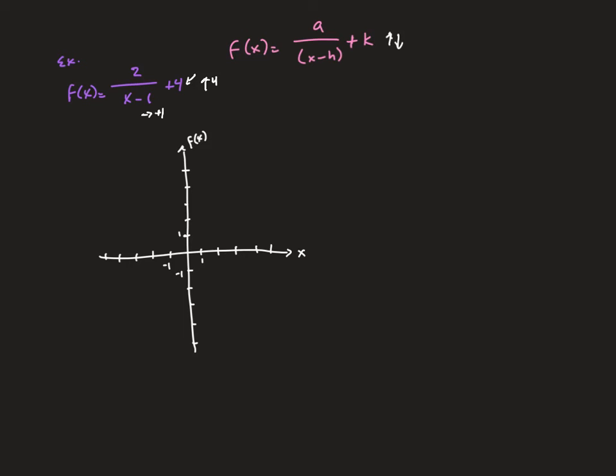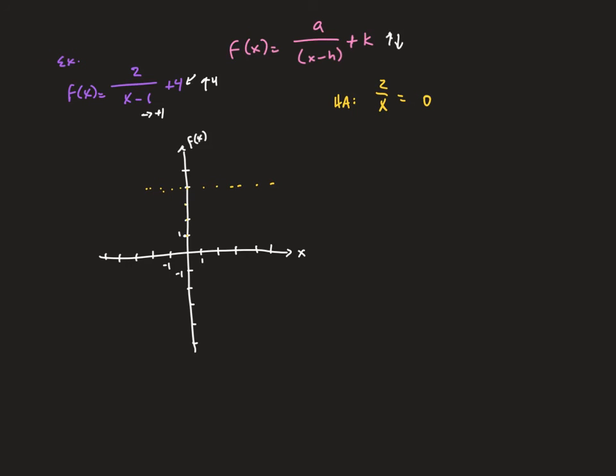And so when I look at that, my horizontal asymptote is going to be 1, 2, 3, 4. It's going to be this right here, because my original horizontal asymptote is going to be 2 over x, which is going to be 0. As x approaches infinity, the horizontal asymptote approaches 0.